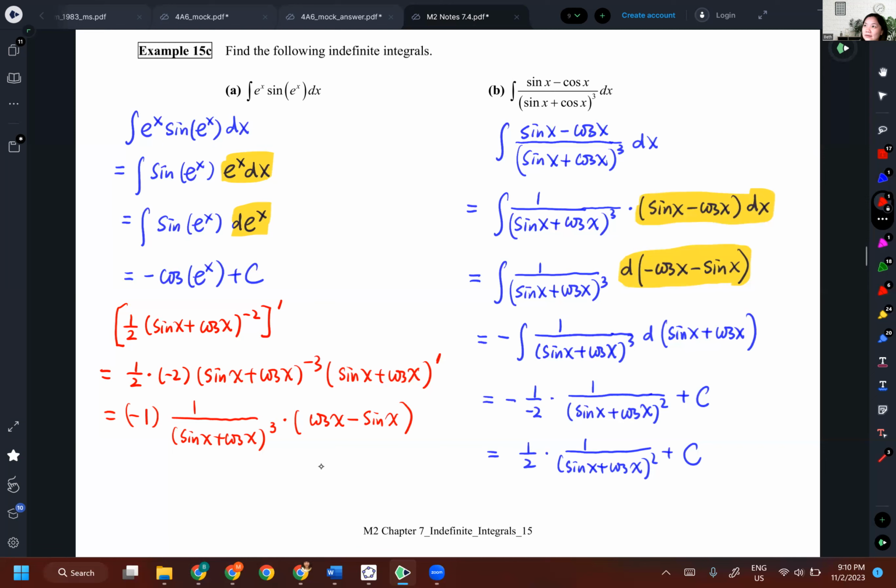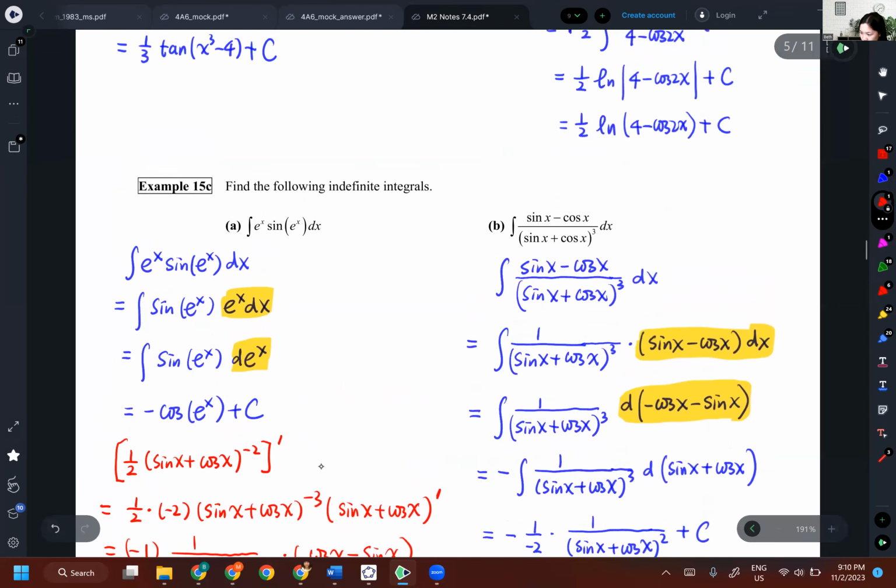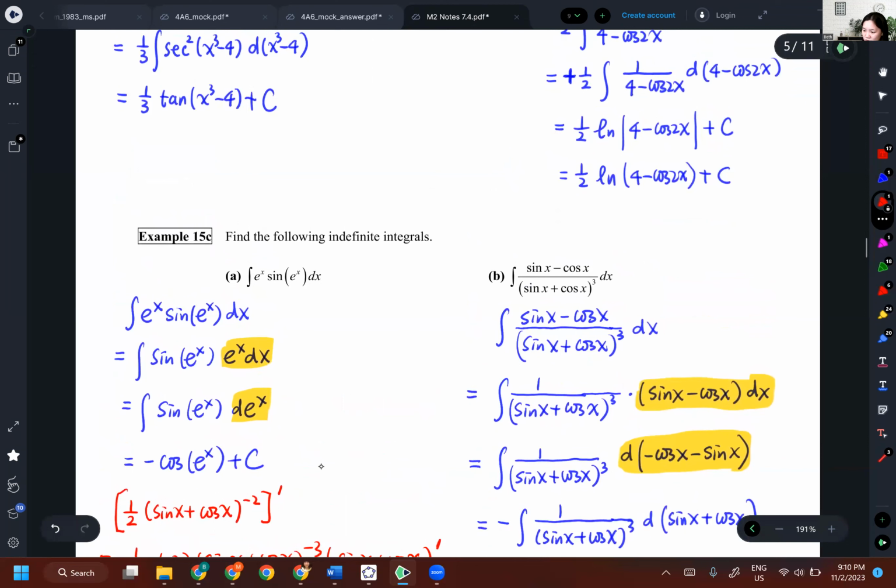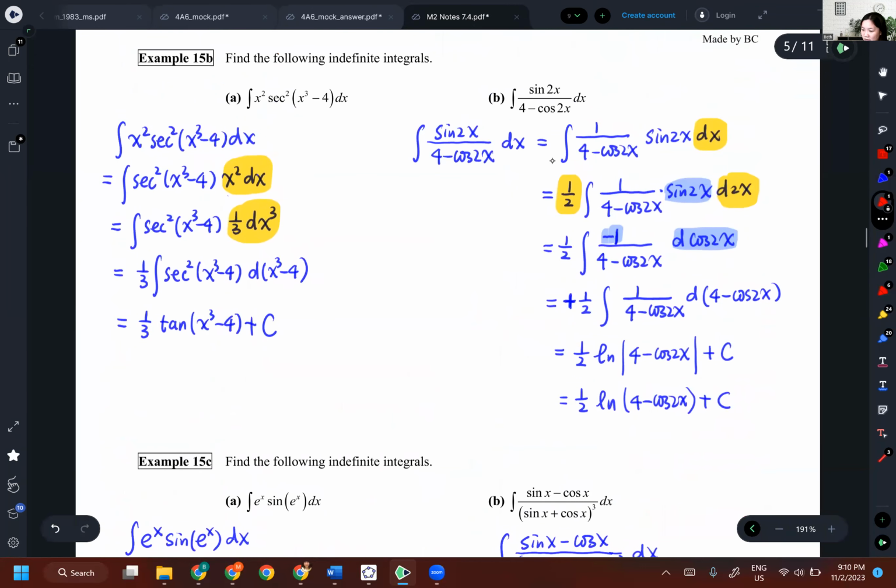That's this one. Cherry wants me to go back to a certain question before 5BB, 15BB, and explain how we change sine 2x to negative cosine 2x.